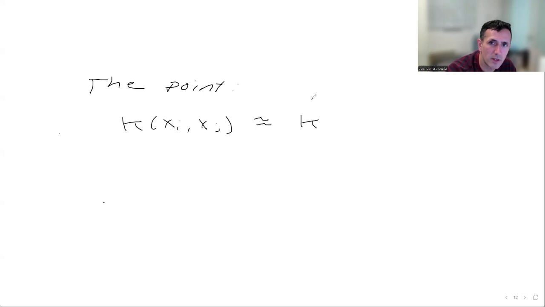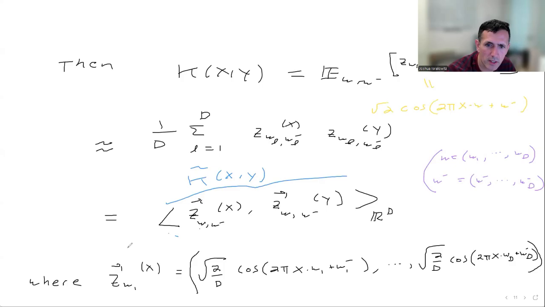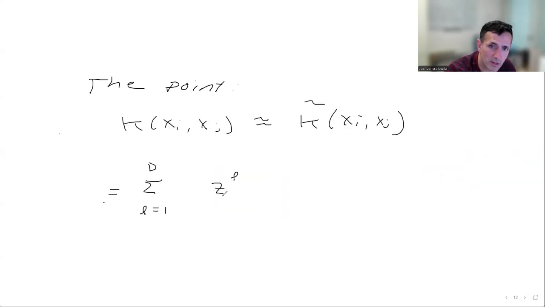So the point is as follows. This is approximately K tilde of x_i, x_j. And what is this here? You can write it out as the inner product. When I write L, I just mean the Lth component of my Z here. It's just when I put L on top, it's the Lth component.